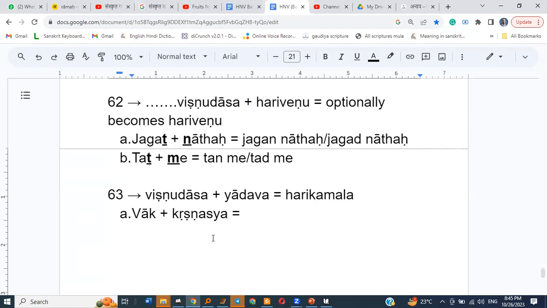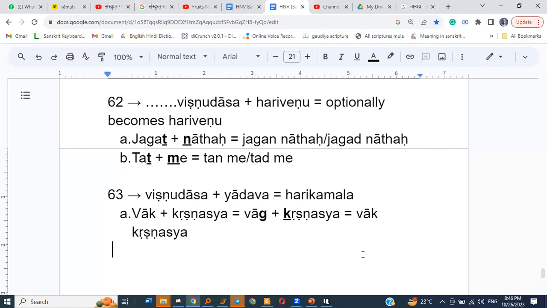Sutra 61 says that a Vishnudasa turns into Harigada. So the Karama turns into Garama. And then we can apply this Sutra 63, which says that if a Vishnudasa is followed by a Yadava, Karama is a Yadava because it's a Harikamala, then this Vishnudasa will become a Harikamala of its own Varga. So Ga changes back to Ka.